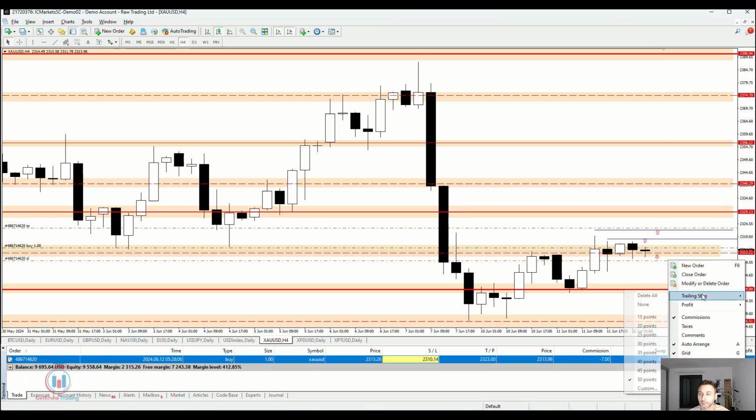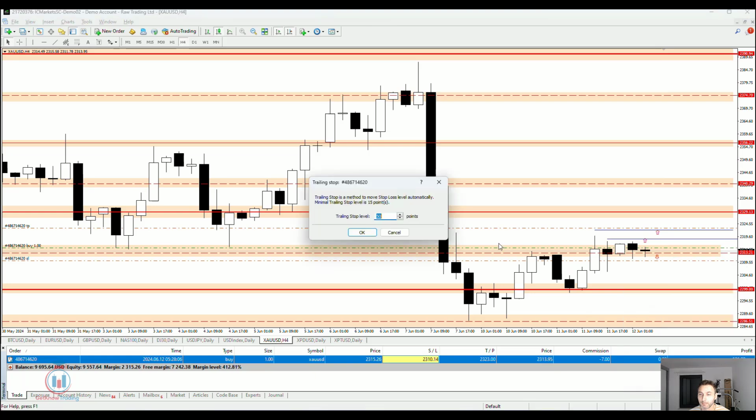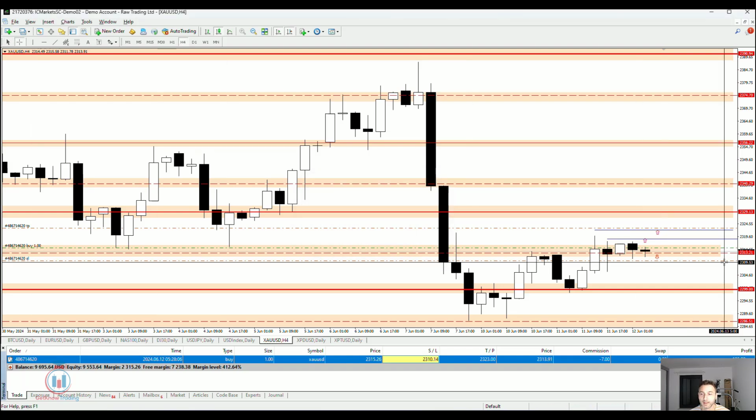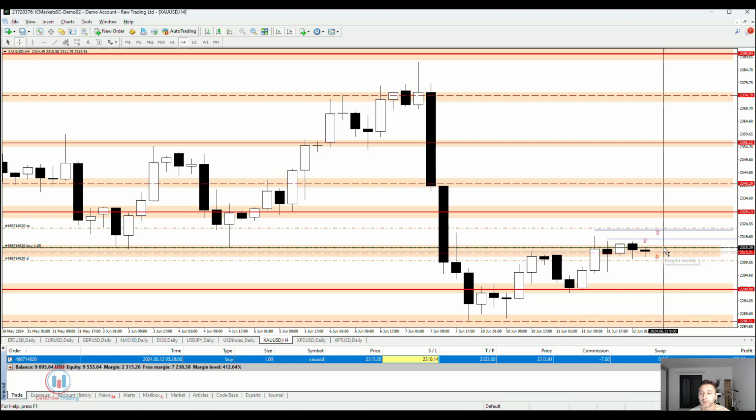Let's put a little bit bigger number so it will be much easier to follow and explain to you. Take a look here. I have put 500 points. This means when the price goes, and you can see here that currently I am at the difference 212, 300, 400, 500. So whenever the price changes by 500 points, my stop loss will follow this change.